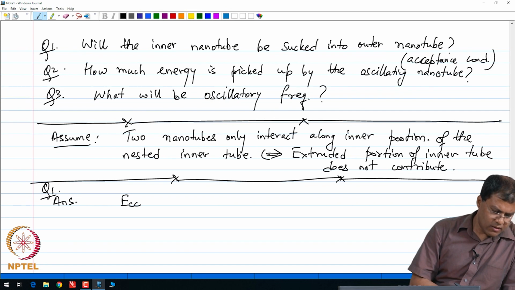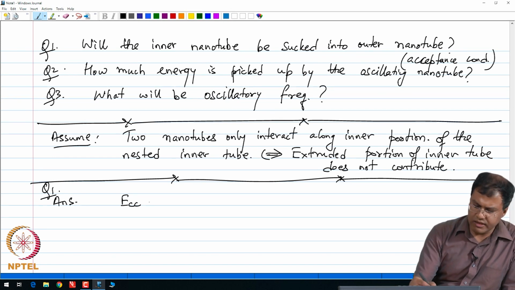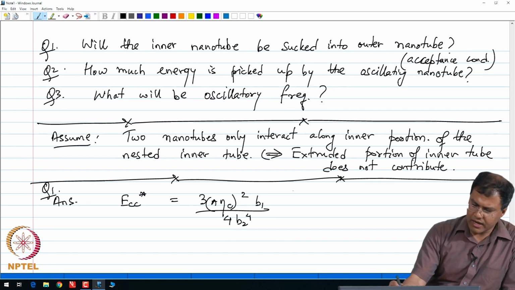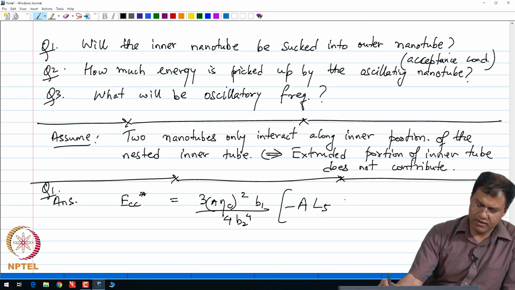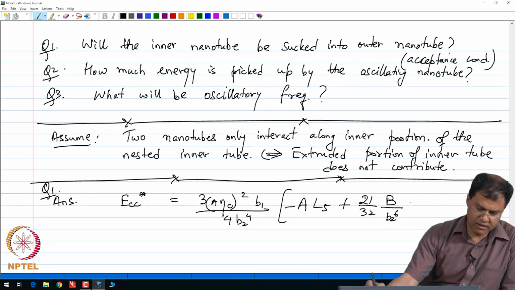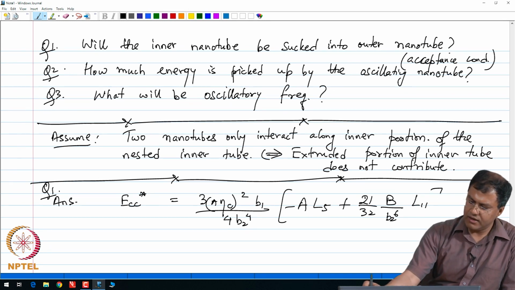So, my ECC, let me call this the starred value, is 3 pi eta c whole square B 1 divided by 4 B 2 to the power 4 times minus A of L 5 plus 21 by 32 B by B 2 to the power 6 of L 11.